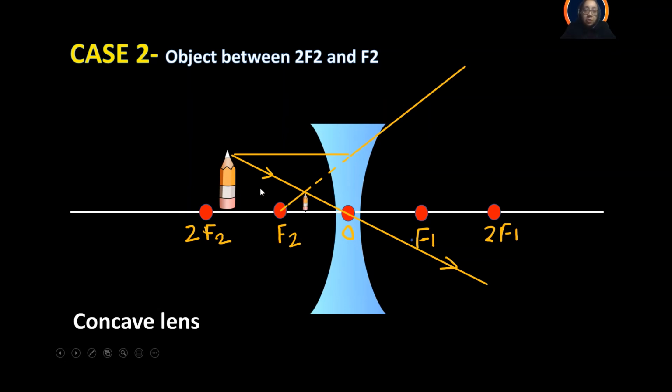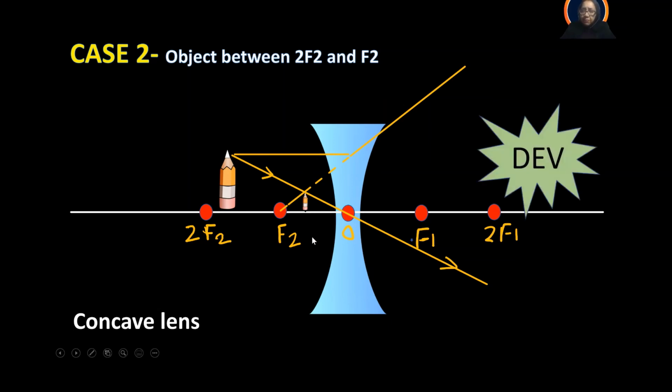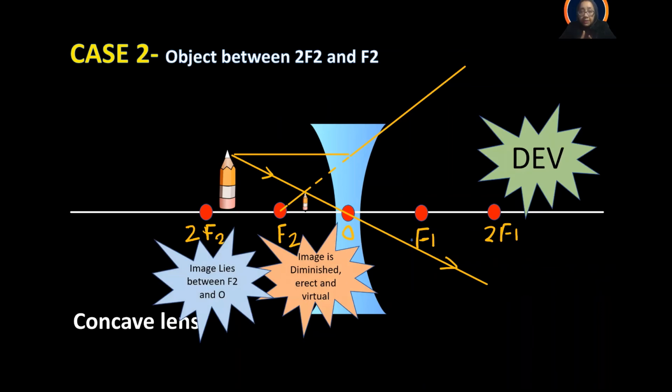That means the image quality is the same, that is DEV: it is diminished, smaller in size, erect, and virtual. So whatever the position of the object, you will get a DEV category image for a concave lens. This is the important thing that you will remember.